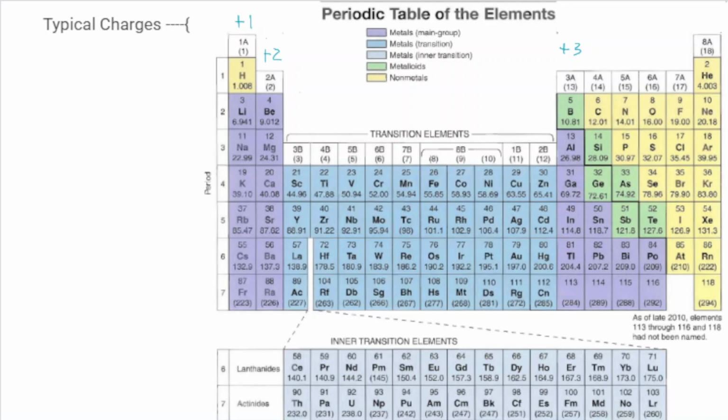Then we get to carbon. Now carbon is a little odd. It can gain 1, 2, 3, 4 electrons to get up to neon's electron configuration, or it can lose 1, 2, 3, 4 electrons to get to helium's electron configuration.